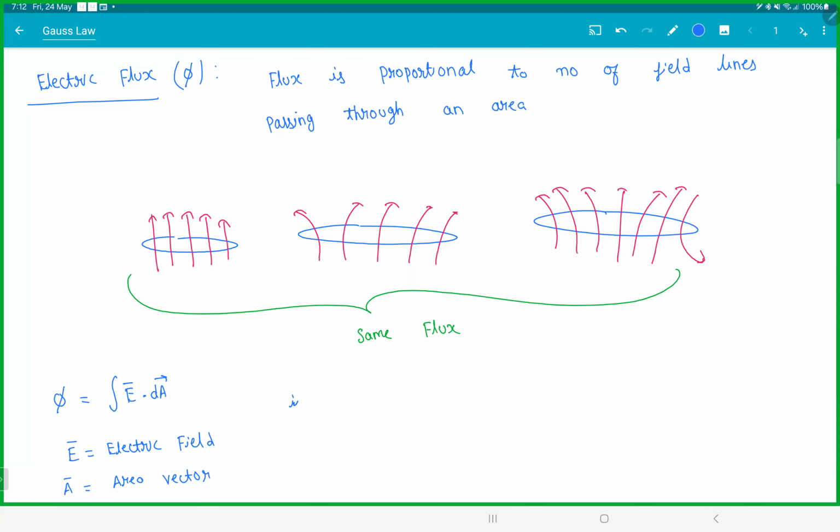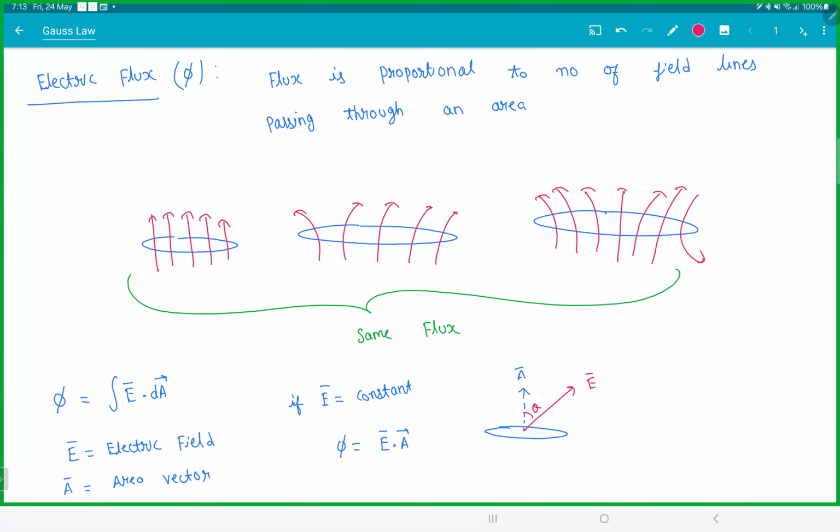And if E bar is constant, then the flux becomes E bar dot A bar. That means if this is the area vector and this is the field vector, at an angle theta. So use E dot A only if it is constant.